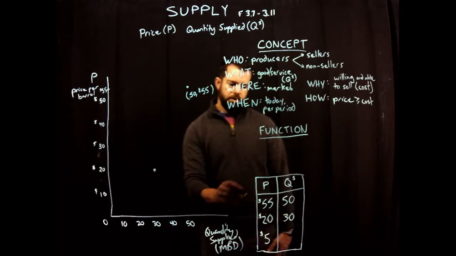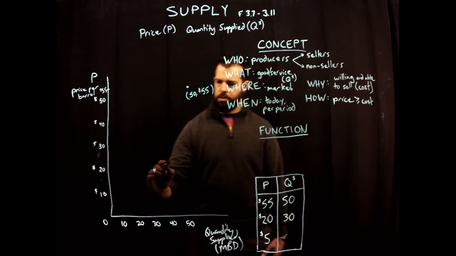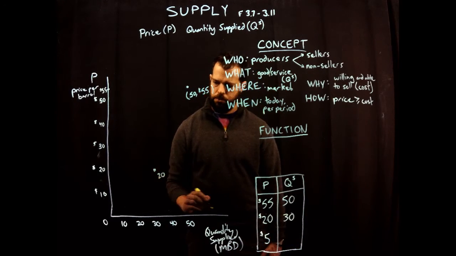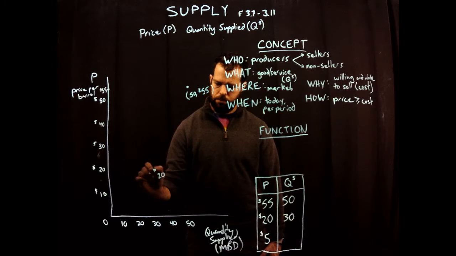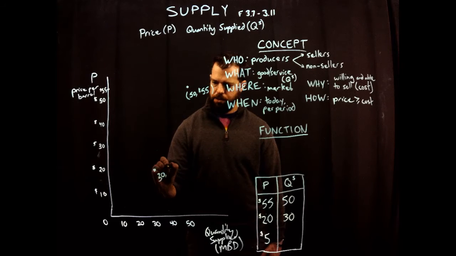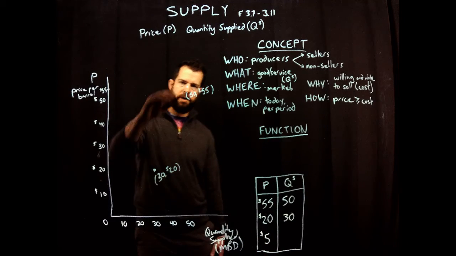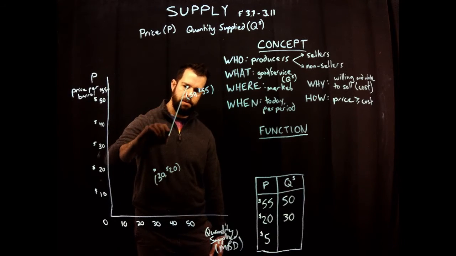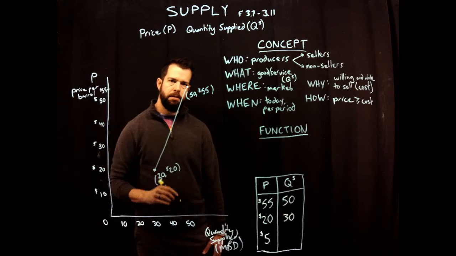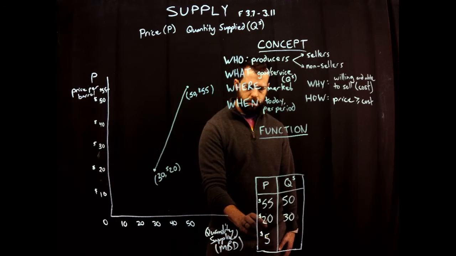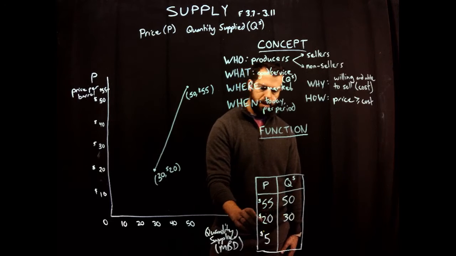Let me add the coordinates here. 30 units, price is $20 per barrel. Now we can connect these two dots. Then we've got our third price and quantity supplied pair.